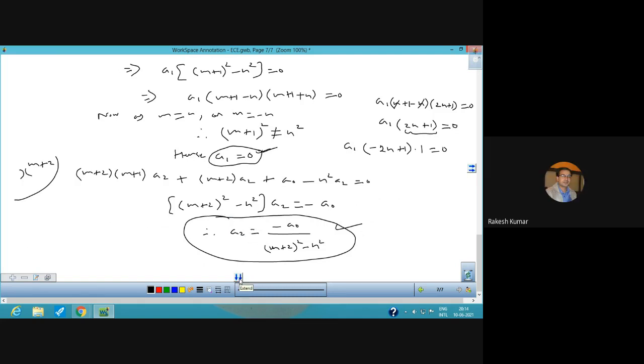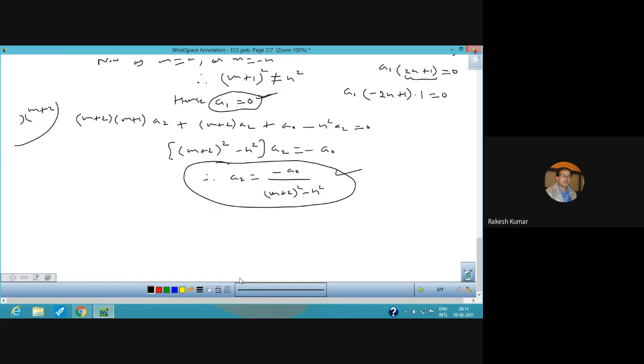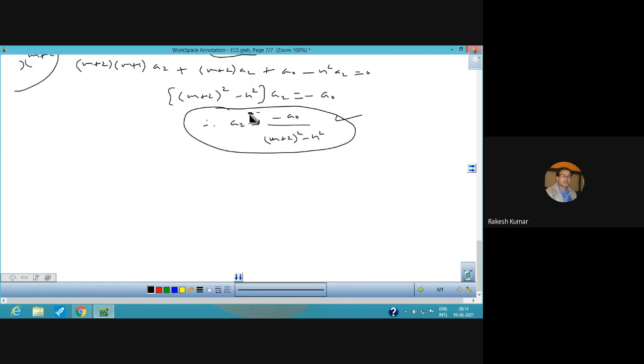Now we are able to find out the constant a2. Now we need to find out a3. For finding out a3, we just need to equate x raised to power m plus 3, and you will have, I am just straight away writing down, a3 is equal to negative a1 upon m plus 3 whole square minus n square.